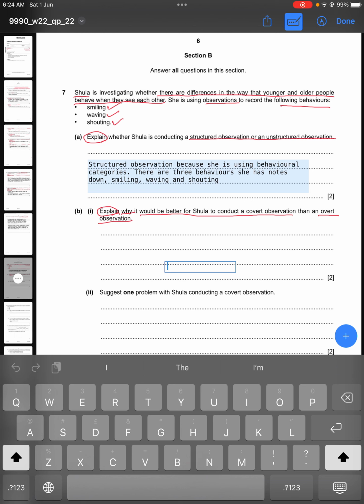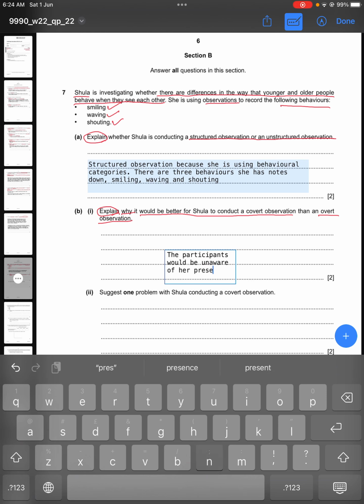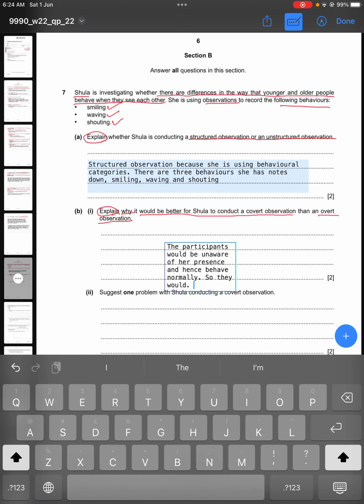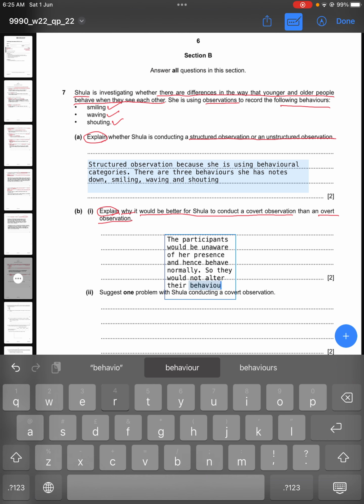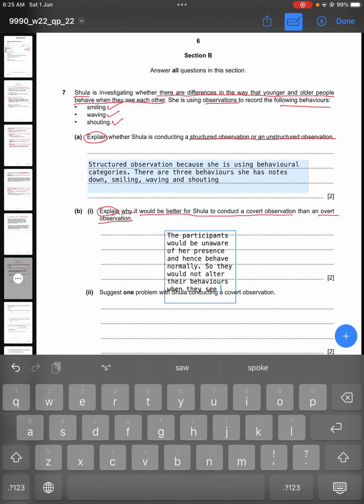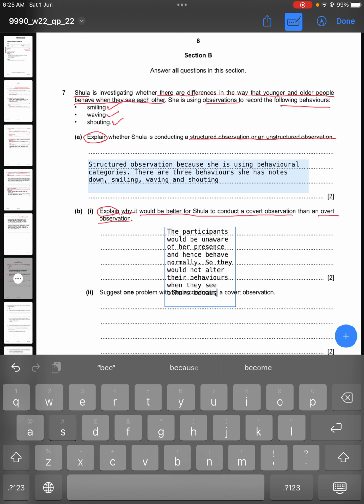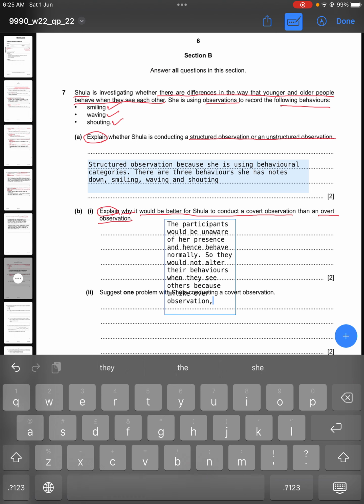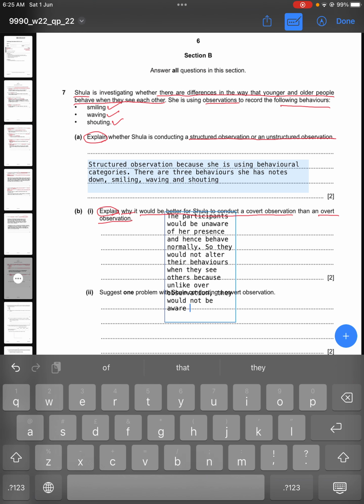So let's say I write that the participants would be unaware of her presence and hence behave normally, so they would not alter their behaviors when they see others, because unlike overt observation, they would not be aware that someone is watching them.